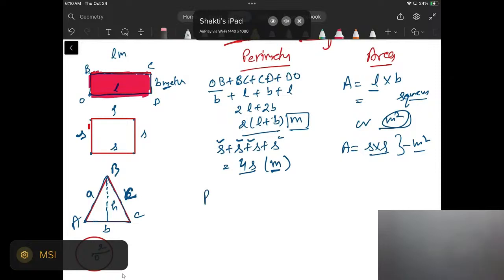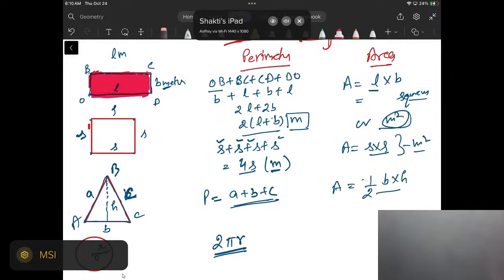So the perimeter is A plus B plus C. So this is my perimeter. Now the area of a triangle will be 1 upon 2 base into height. Clear? And the perimeter of a circle is 2 pi r. So this is the perimeter of a circle.